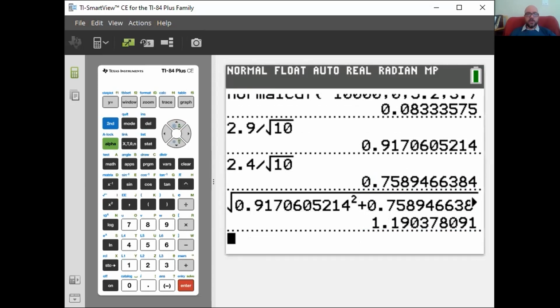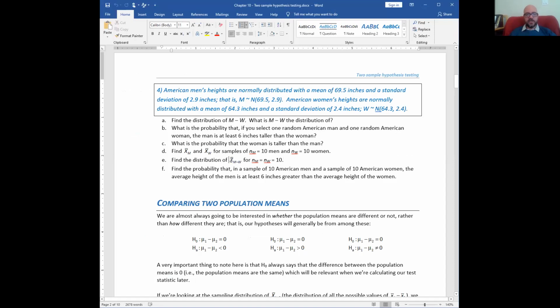So let's go back over here. So this right here, the distribution of differences between the sampling distribution of average height of 10 men and the sampling distribution of the average height of 10 women, is a normal distribution with a mean of 5.2 and a standard deviation of that thing that we just found, which was 1.19. Right, so let's go write that down on a whiteboard here.